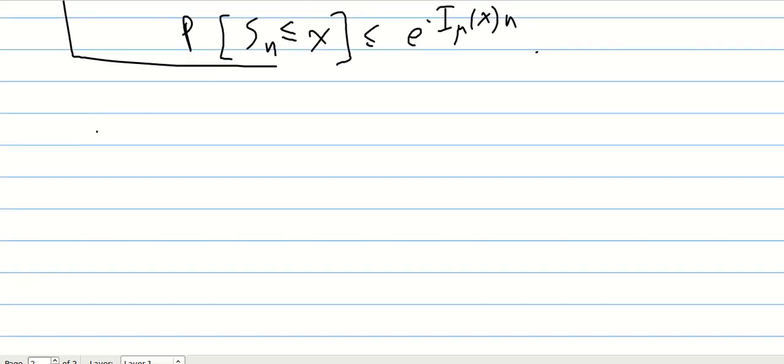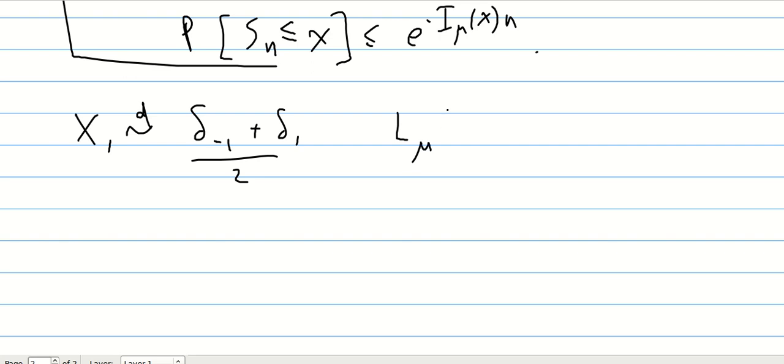So this example is going to be inspired by the coin toss. We have a random variable x1, which has distribution delta of -1 plus delta 1 over 2. So it has probability 1/2 of being either 1 or -1. So what is the Laplace transform of x?